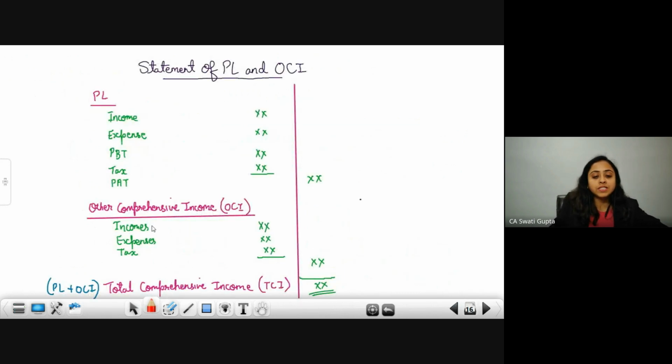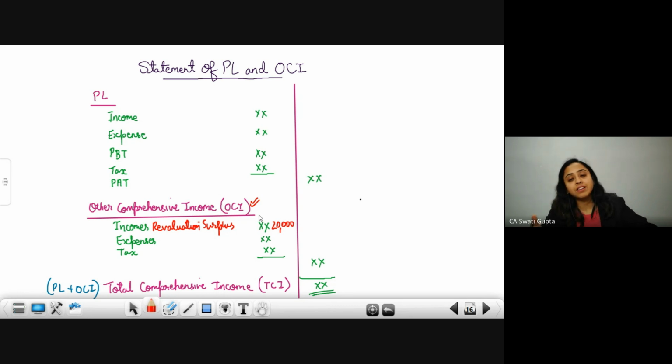Here we will show revaluation surplus, or you can say gain on fair valuation of PPE. This will be shown as 20,000 over here under OCI. Give me a big thumbs up. Is it clear? This picture should be super clear.